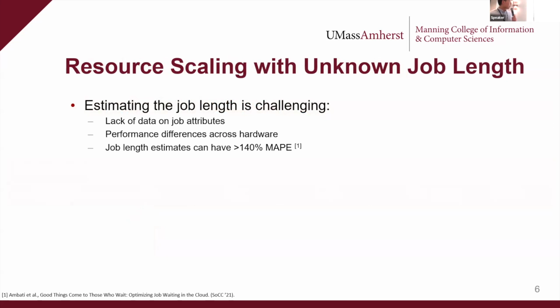There's some unavailability of data on job attributes, there can be a lack of diversity in the available data, and there can be variations in the characteristics of the jobs submitted to the cluster over time. A skewed distribution of users submitting the jobs means that job length predictions, even when using machine learning techniques, could be highly inaccurate and cannot always be used for scheduling purposes.